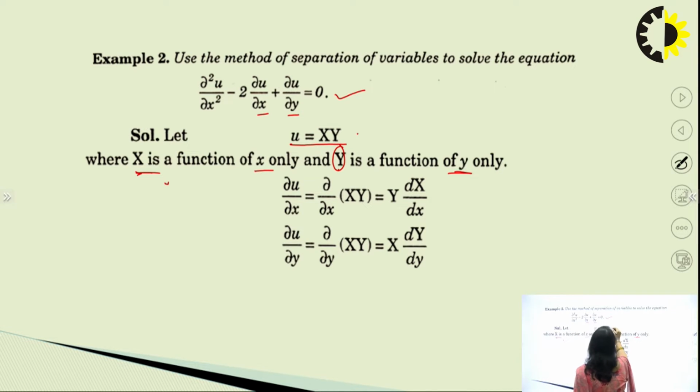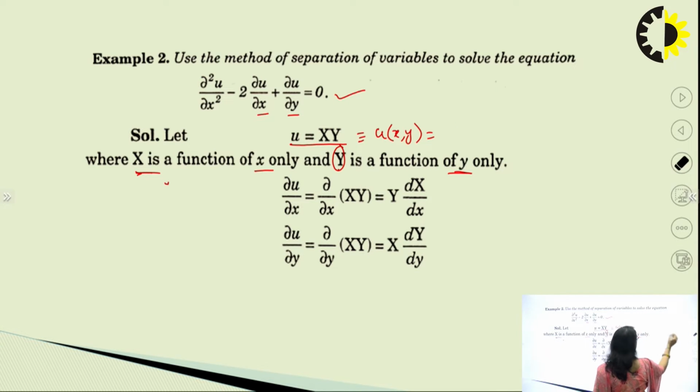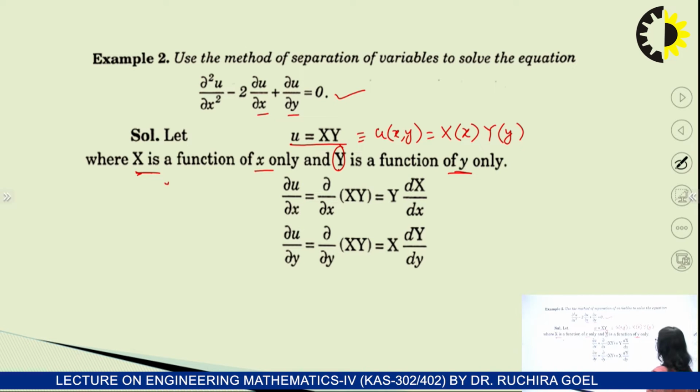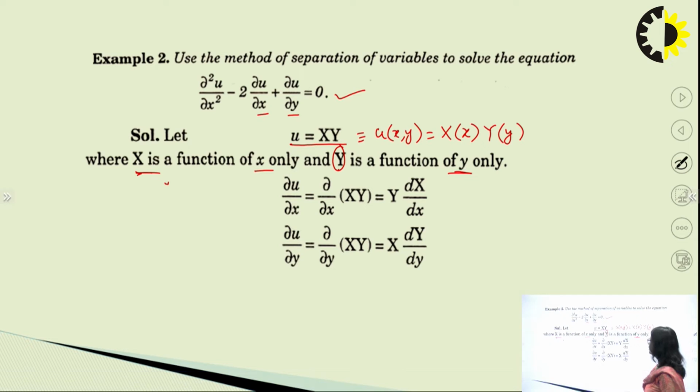We may also write this as u(x,y) equal to X(x) Y(y), that means a function of x and y. So again I will take those derivatives which I require to be substituted in the given equation.